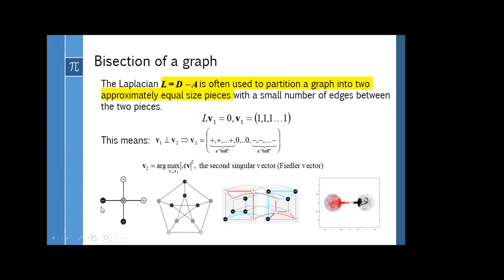If I mark graphs with respect to the sign of components of the second Fiedler eigenvector, they are either positive or negative or 0. They perfectly characterize the structure of graphs in a natural way.